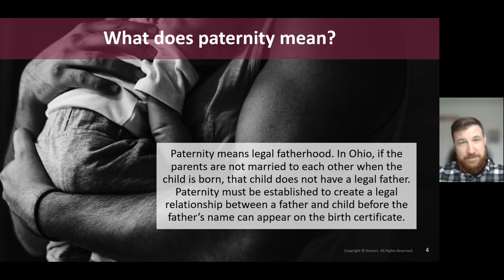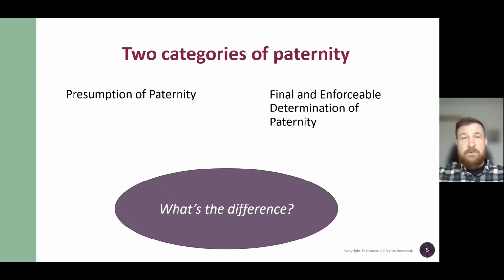Paternity must be established to create a legal relationship between a father and child before the father's name can appear on the birth certificate. In Ohio, we have two categories of paternity establishment. The first is presumption of paternity. The second is final and enforceable establishment of paternity. This is specifically for Ohio.